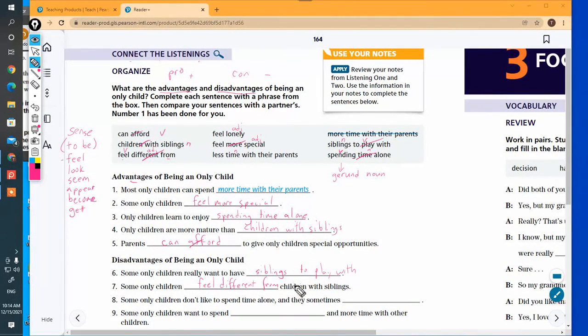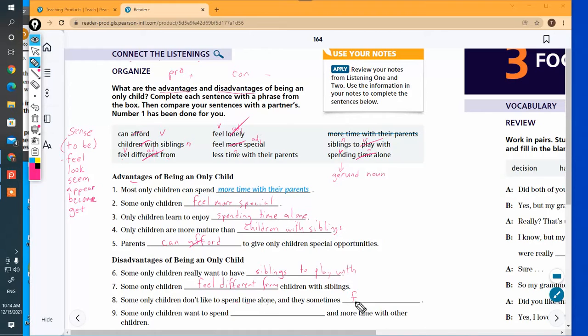Okay, so some only children don't like to spend time alone, and they sometimes, I think we need a verb here. Here's the verb feel, and here with the adjective lonely. Okay, they sometimes feel lonely when they spend time alone.